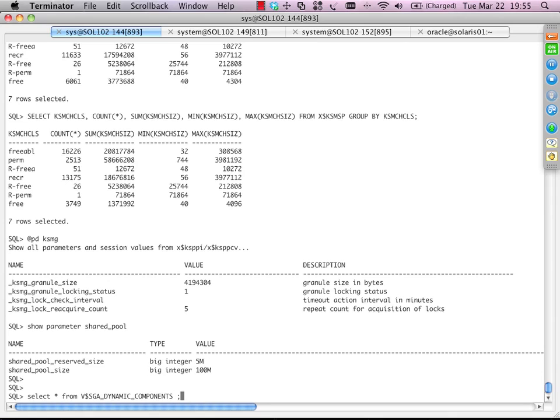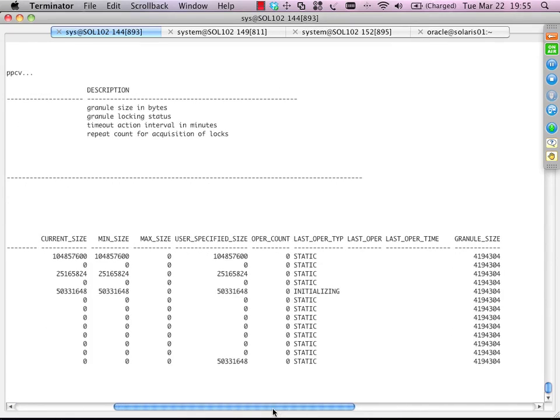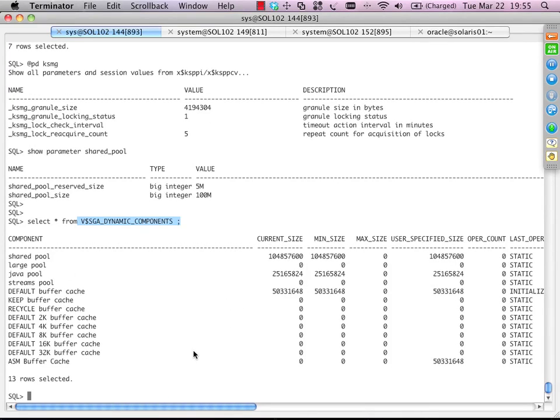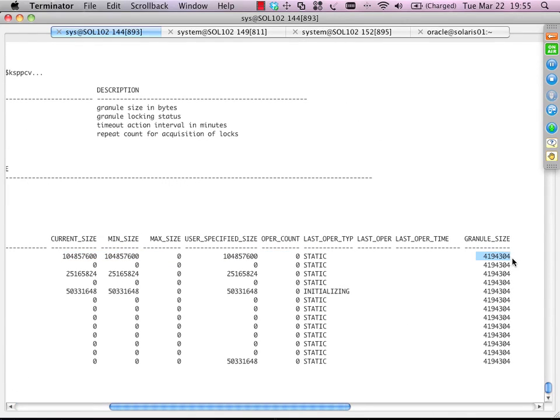I can actually query this, V$SGA_DYNAMIC_COMPONENTS. You see this is the shared pool. Its current size is 100 megs, right? And it consists of granules which are 4 megabytes each. So we actually have 25 granules. Shared pool is 100 megs, granule is 4 megabytes, we have 25 granules.